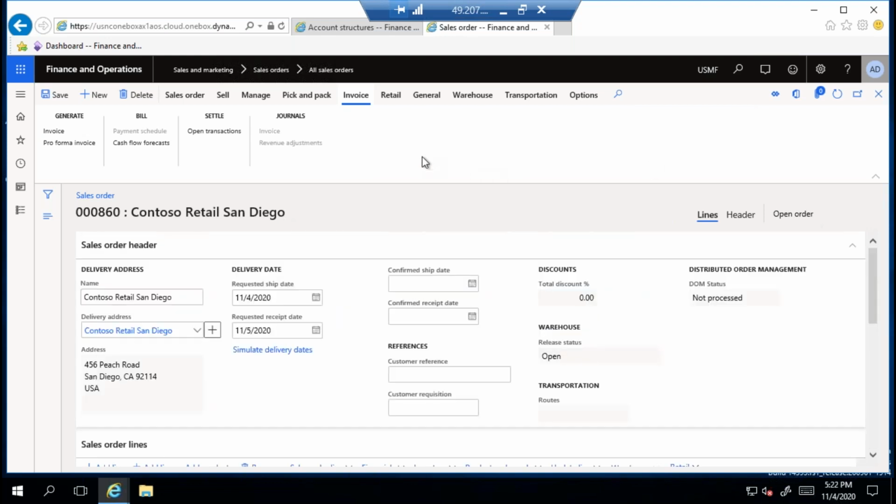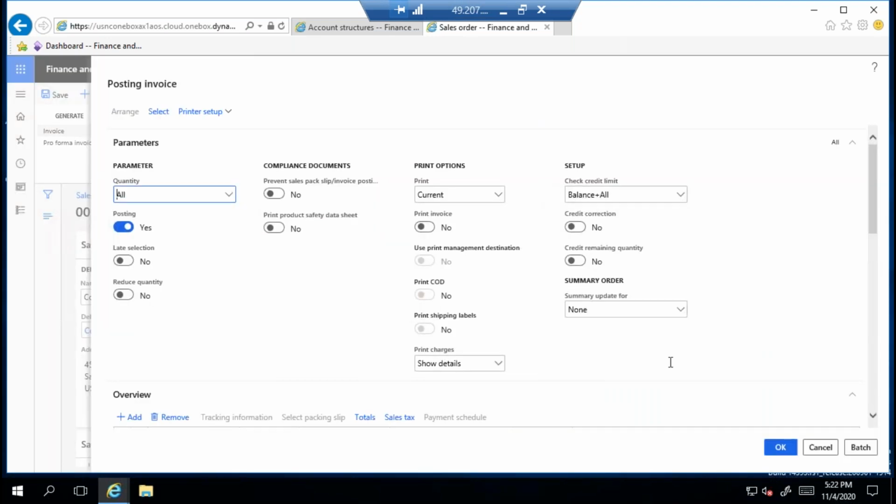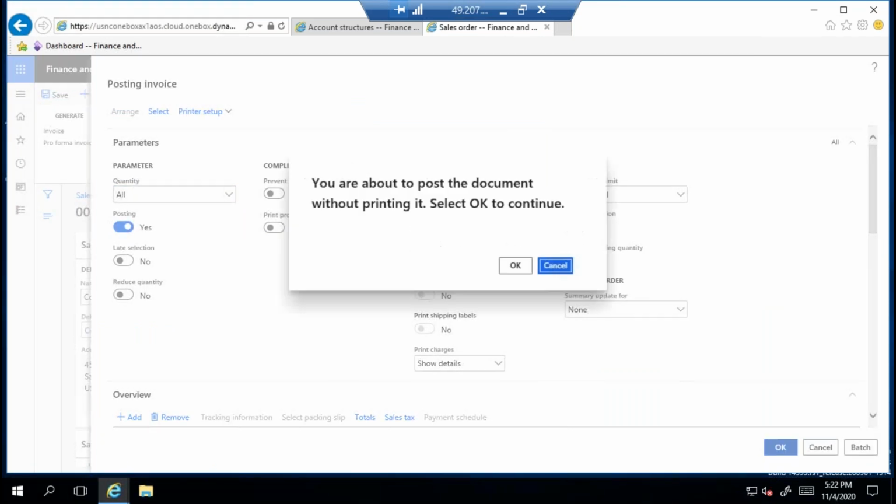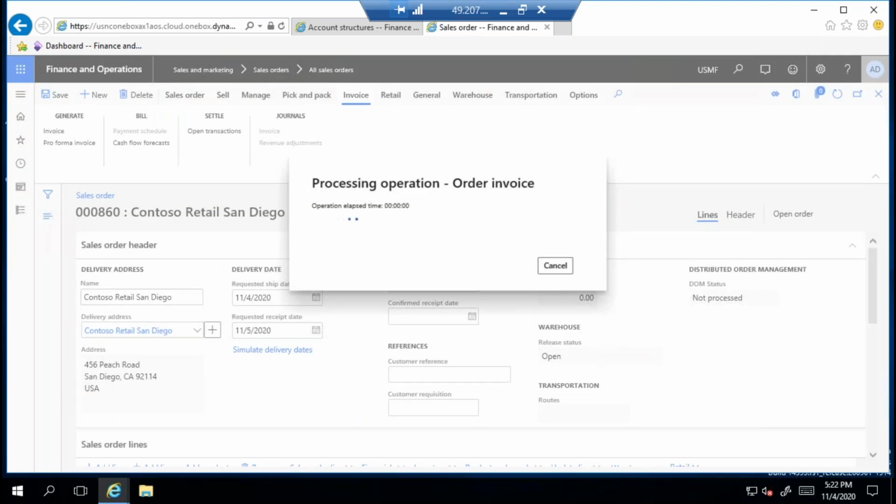So now I'm posting. Generate invoice. Click OK. And OK. Now it will be posted.